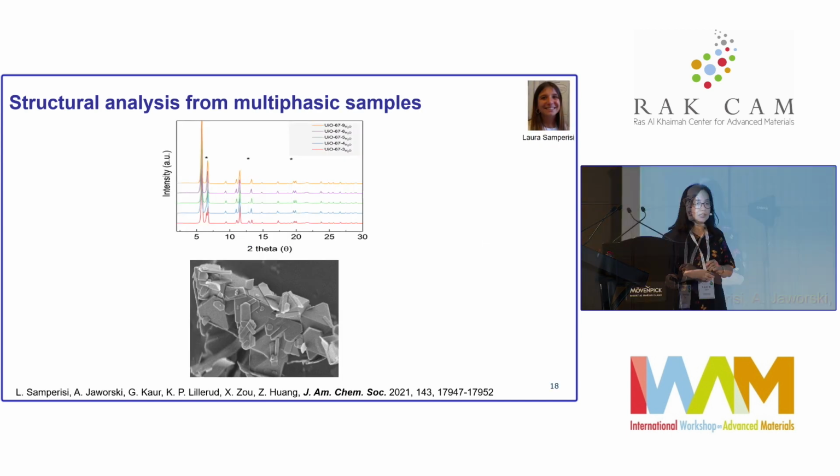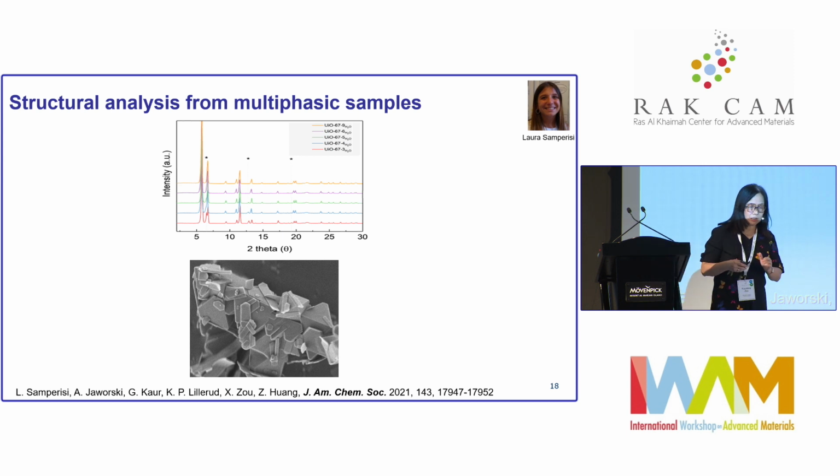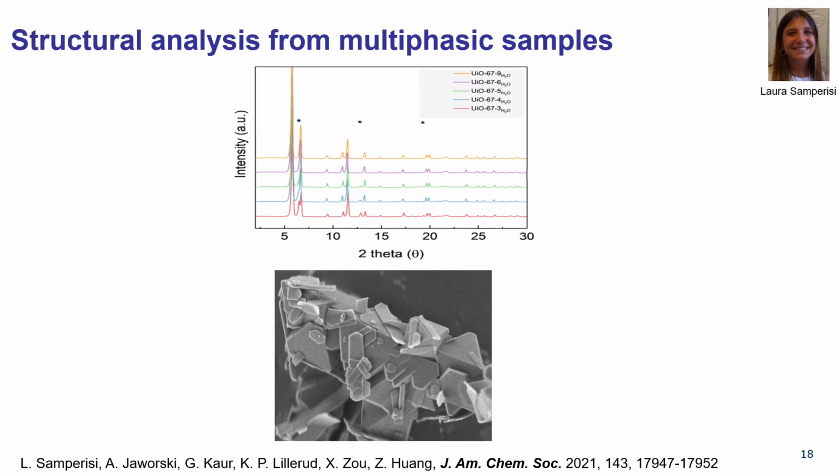So it's not only that you can use electron diffraction to solve the structure, you can also use it to detect new phases. Electron diffraction is especially powerful for studying multiple phase samples. This is an example in collaboration with Karl Petter Lillerud's group at the University of Oslo.